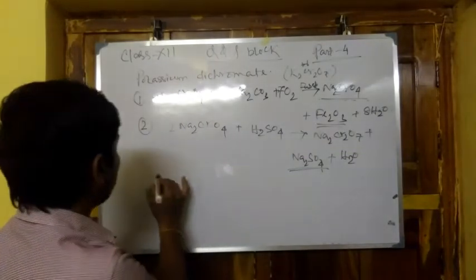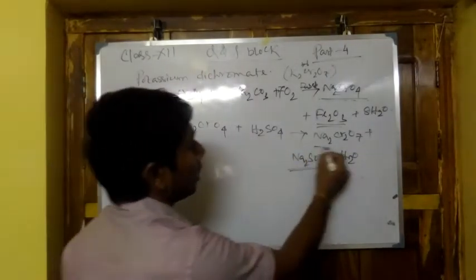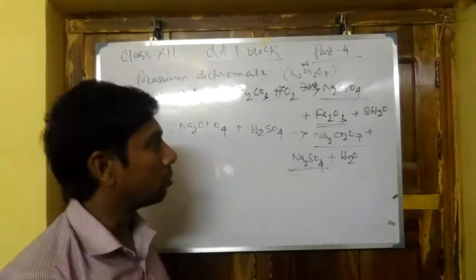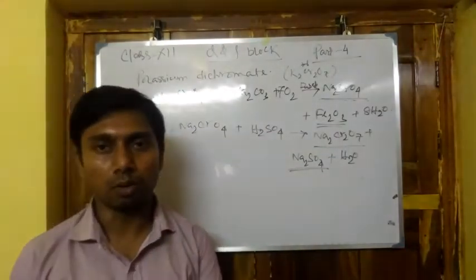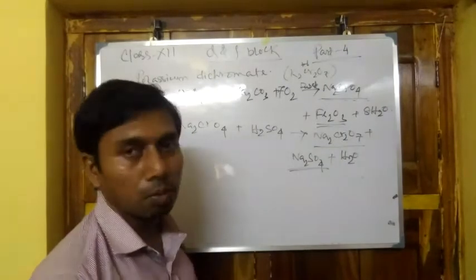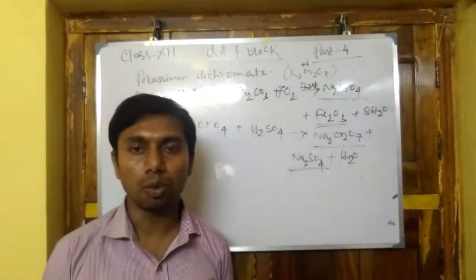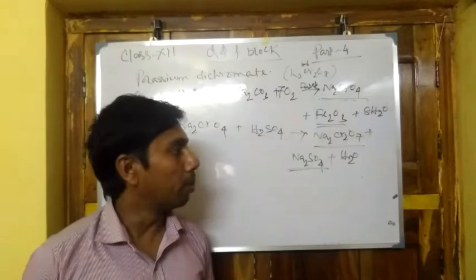In the third step, sodium dichromate is very unstable, and the stable one is potassium dichromate. So the sodium dichromate is treated with potassium chloride solution to form potassium dichromate.